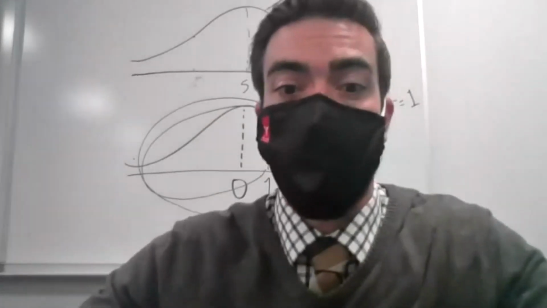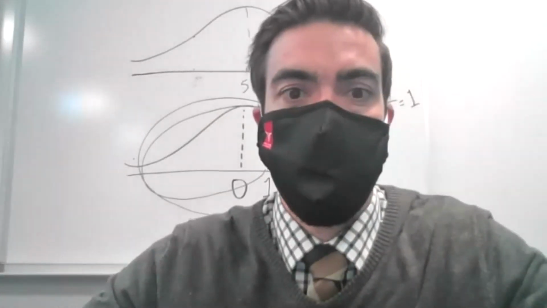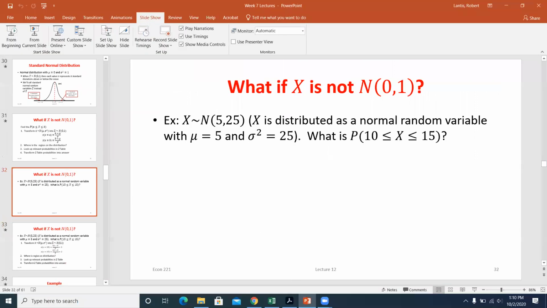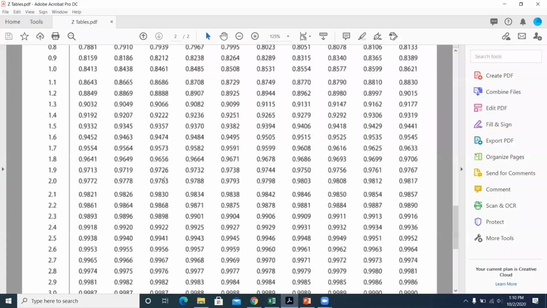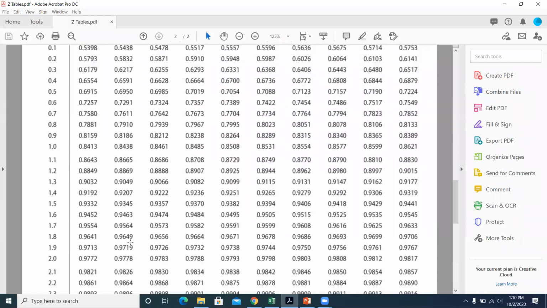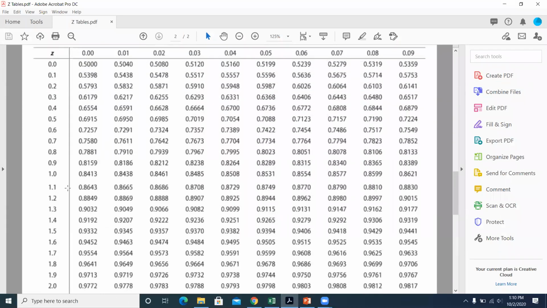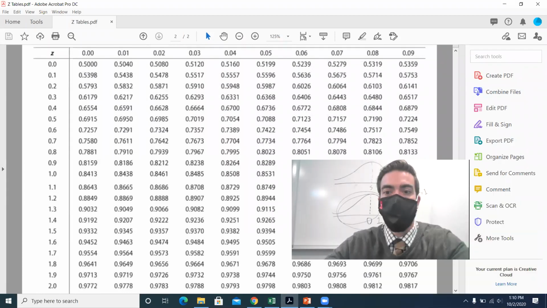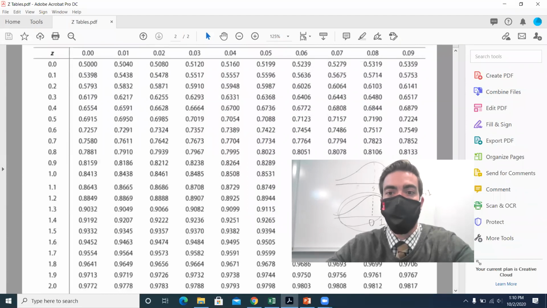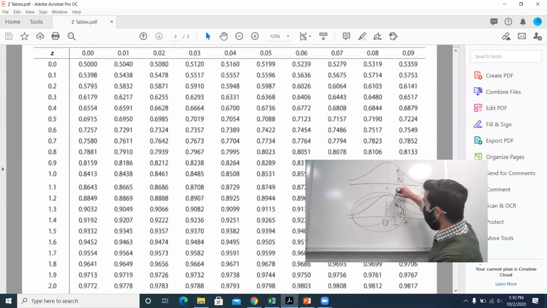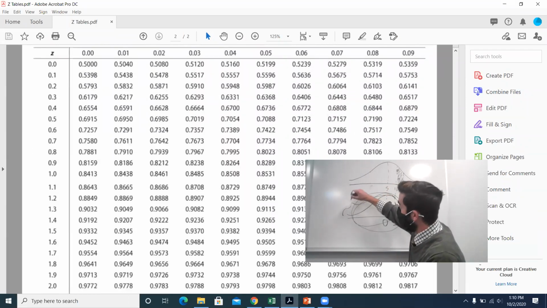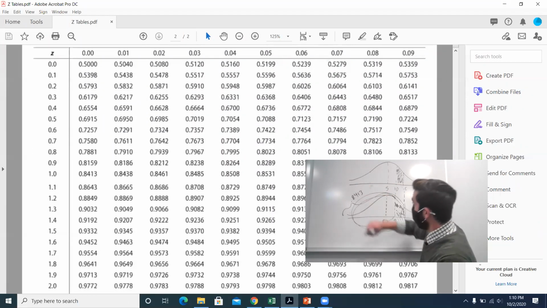So we actually have to look these probabilities up, because I doubt we know them off the top of our head. So if we look up a z-score of 1, it's kind of a little tricky here, but 1.00, right? That's a z-score of 1. So 0.8413. So just for the recorded video, this area right here was 0.8413.